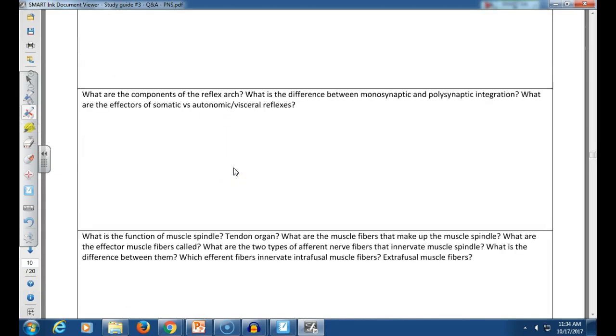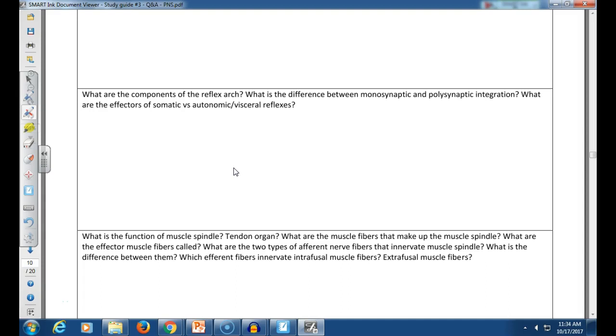Reflex arc, five components: receptor, sensory neuron, integration center, motor neuron, effector. Know them like ABC. Seriously. Okay? Difference between monosynaptic, polysynaptic, somatic, and visceral arcs. Okay?